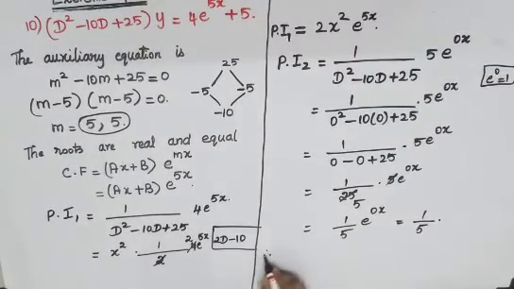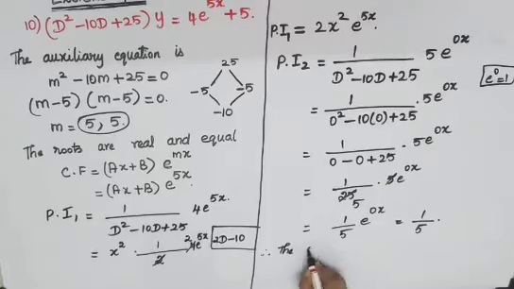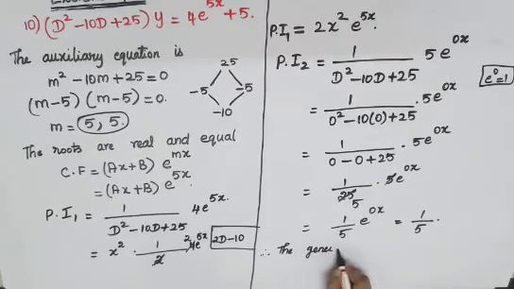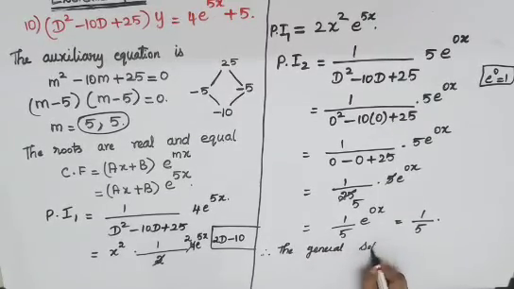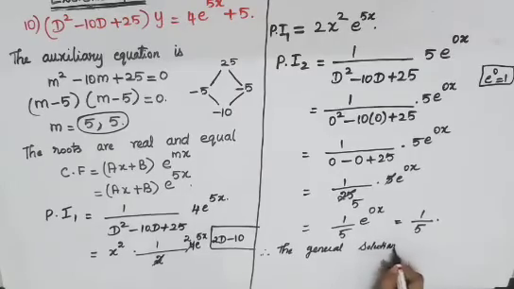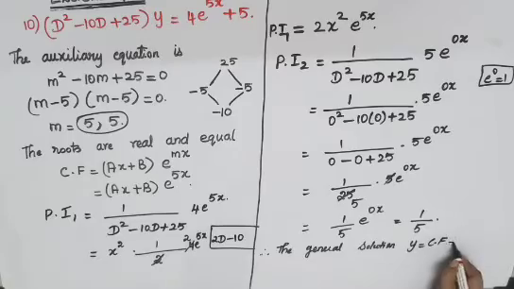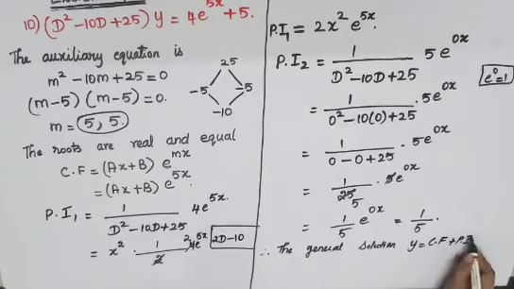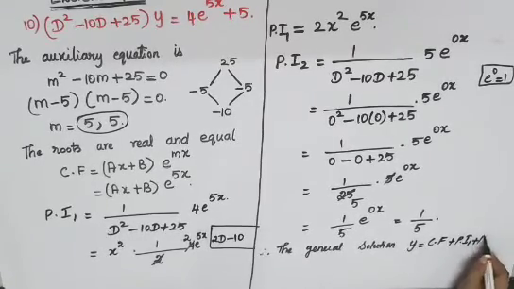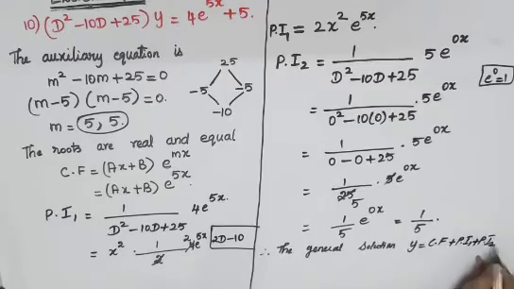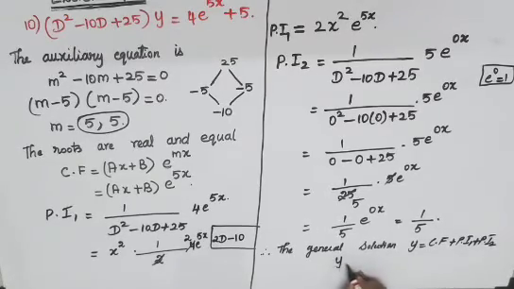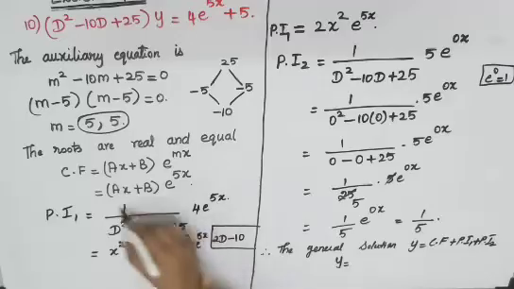Therefore the general solution is y is equal to CF plus PI1 plus PI2. So which is equal to, y is equal to, we have got CF here.